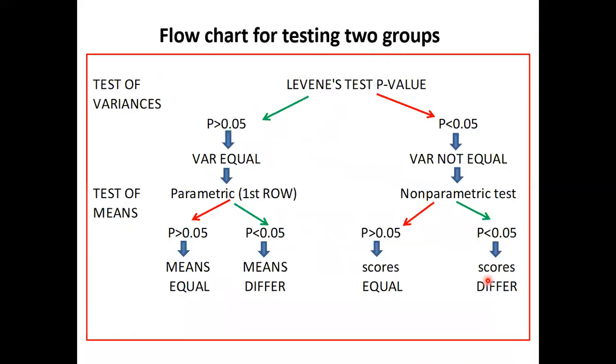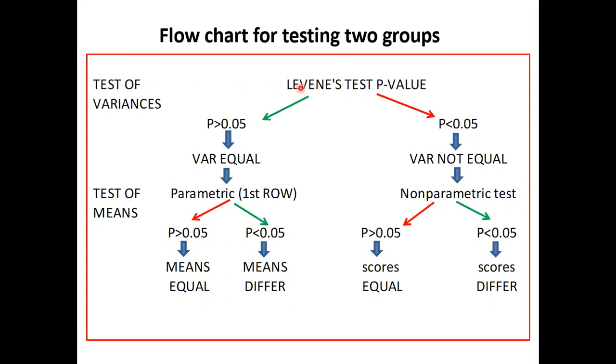Look at this path diagram. First, the objective is to test if there is a difference between two groups, right? So what do you do? First, test the variance first. It's called Levene's test. It can go the green arrow, P is more than 0.05, or the red arrow, P less than 0.05.